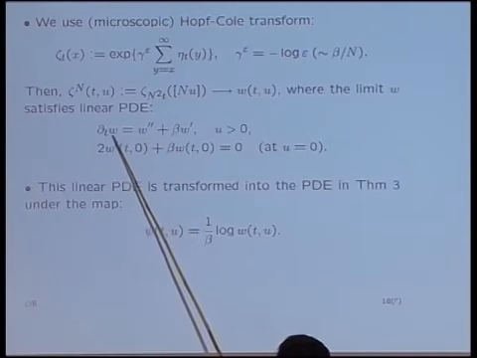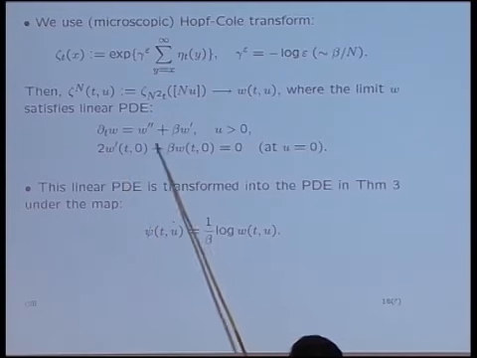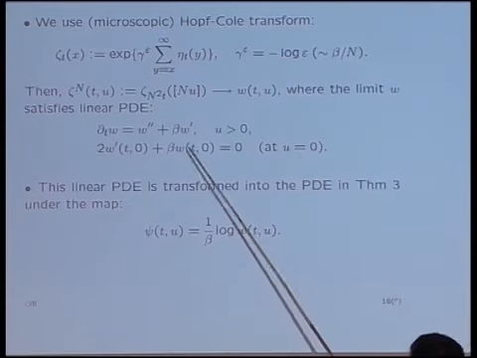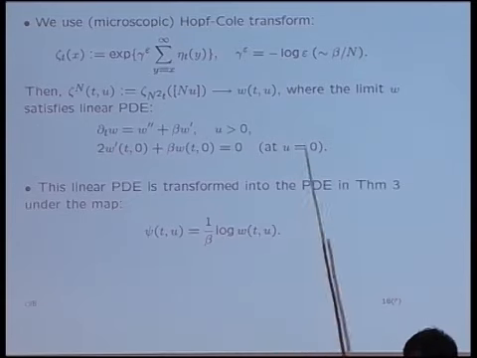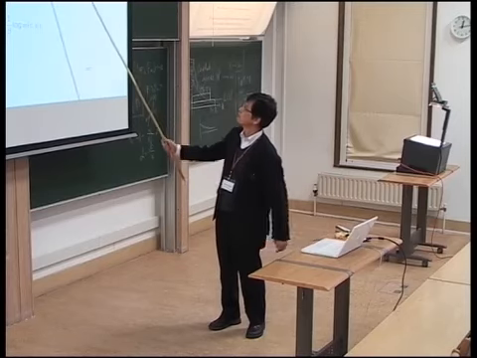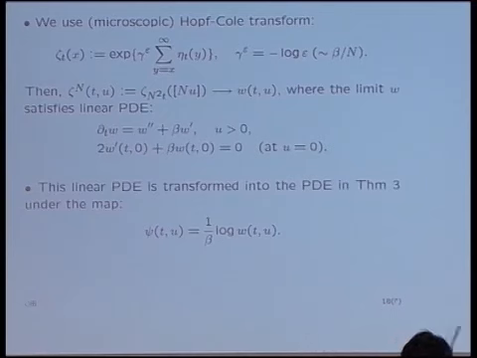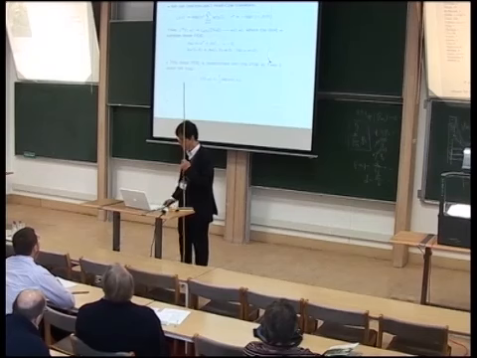Then a linear equation appears in the limit, and we have to show what this mixed type boundary condition is that appears in the limit. And once you get this, then you just go back by taking the inverse Hopf-Cole transformation. Then you get the limit, and you get theorem 3.